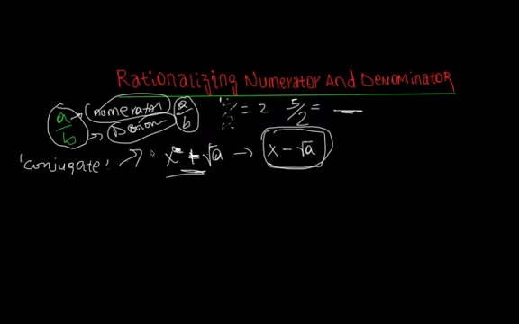The example would be 2x over the square root of x minus 2. How are you going to calculate this in its simplest form? You would plug in numbers to find the value of x, or do some other operations.